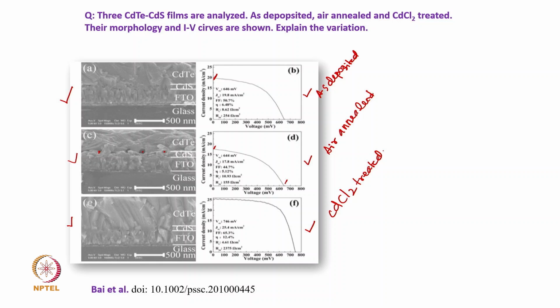It makes a very well grown polycrystalline CdTe material, okay, and immediately you see a huge improvement, significant improvement in the IV characteristics, leading to a current density of almost 25 milliampere per centimeter square, and then even enhancement in the open circuit voltage also.